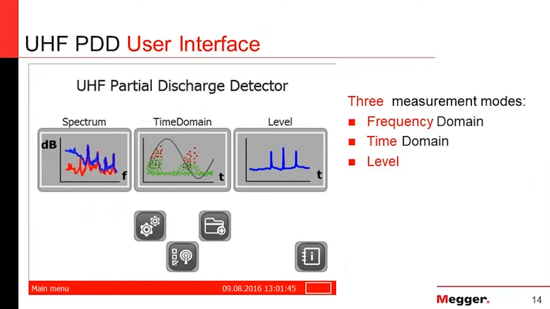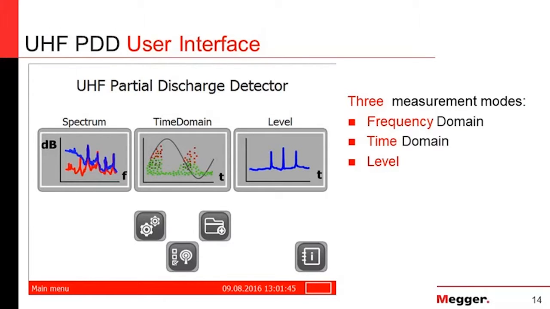Okay, UHF partial discharge user interface, 3 main menus, and the procedure is pretty much like that. So in the first menu, you have the spectrum analysis, or you work in the frequency domain. What happens is you scan the whole frequency from 0 up to 1 gigahertz and get the frequency image of your site of any partial discharge which might be happening.